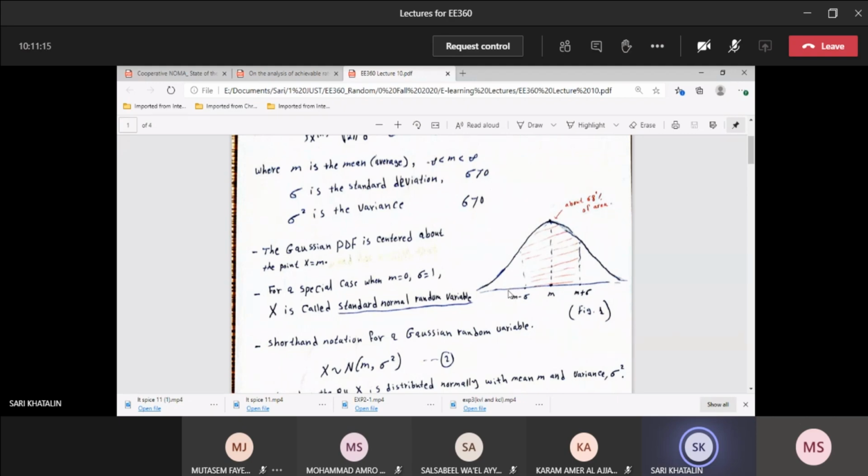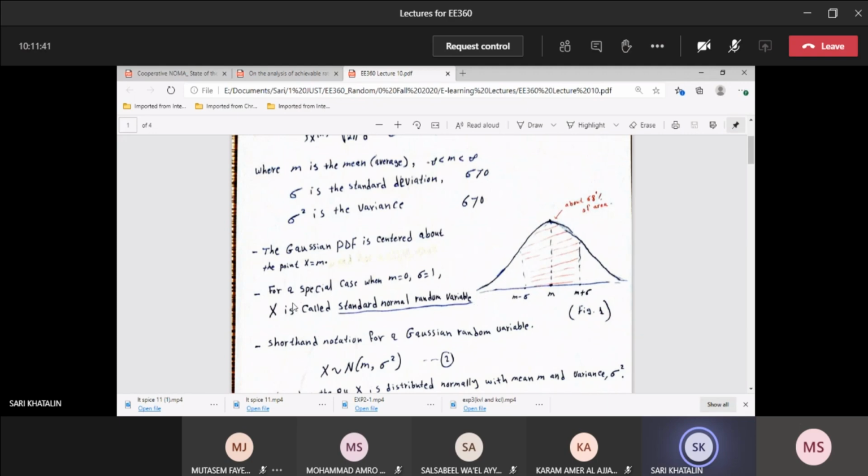Other statistics show that from m minus 2 sigma to m plus 2 sigma represents almost 95% of the area, so the remaining 5% lies outside m plus or minus 2 sigma.